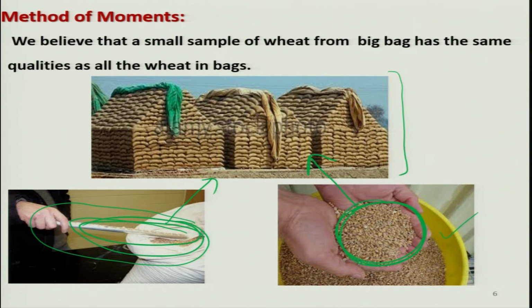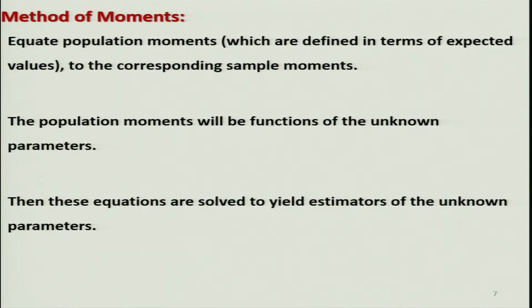You are trying to assume that whatever are the characteristics, whatever are the properties which are contained in the population, they are also in the sample, and whatever are the properties that we have learned, they can be prescribed through the moments. So, what we try to do here is equate the population moments to the corresponding sample moments, that is all.